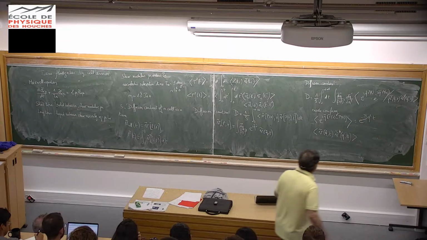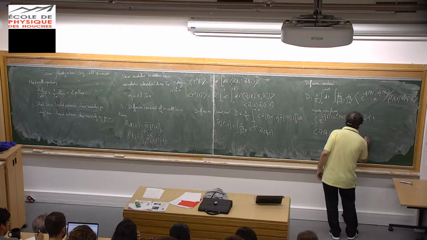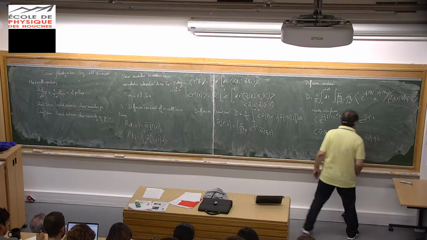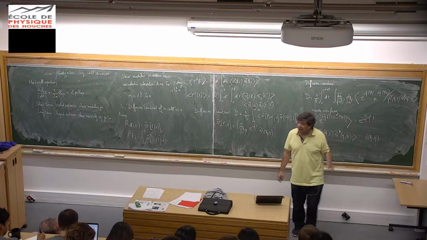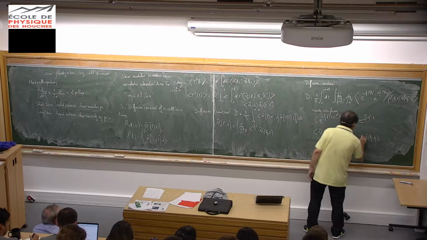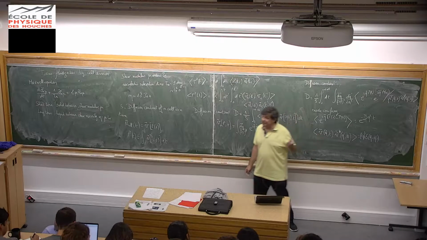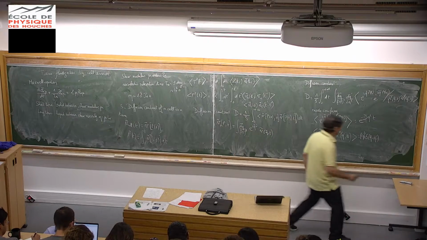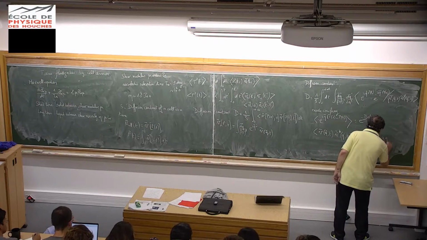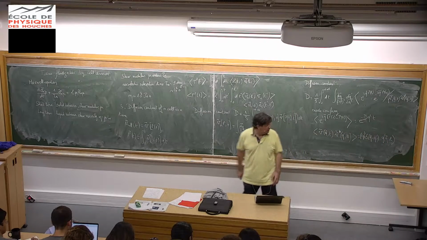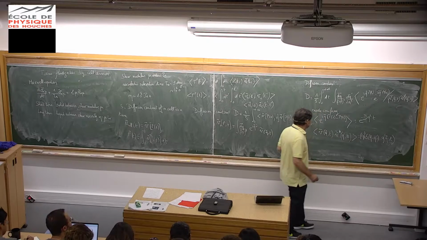So there is a delta of q minus q'. There's a factor (2π)^3, just for fun. And then there's a function of q and t, which I will call G of q and t.